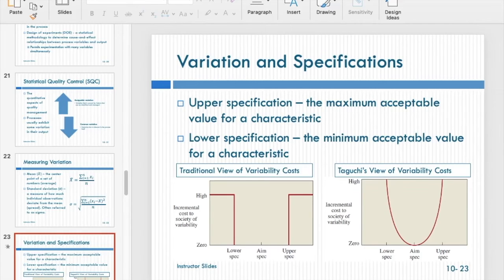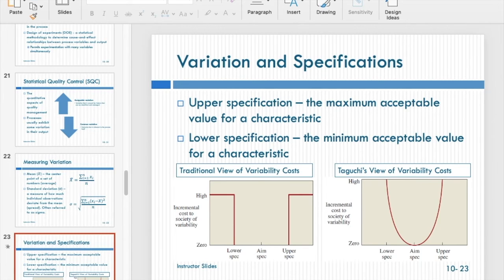So let's say your firm finally decides that, instead of requiring every unit to be 10 inches, if the product is between 9.95 and 10.05 inches, we think this is still an acceptable product. So instead of having a point requirement, you're actually having a range requirement.